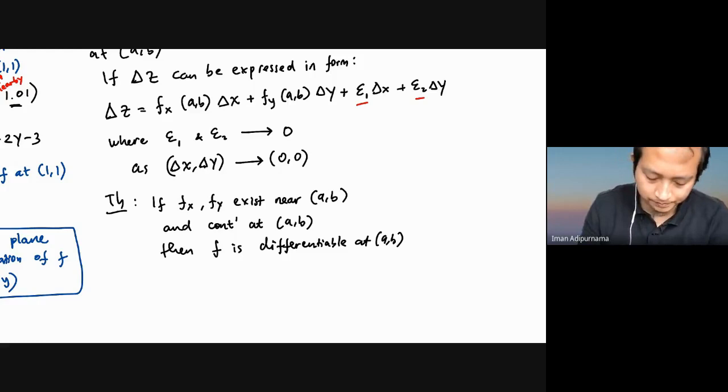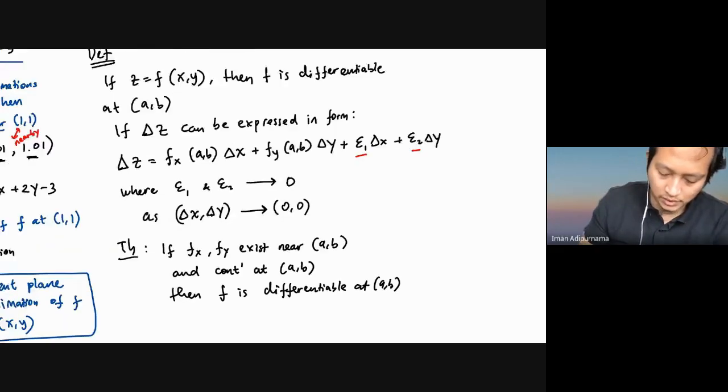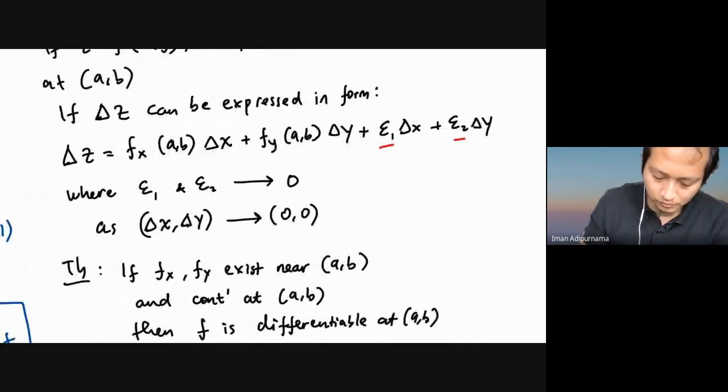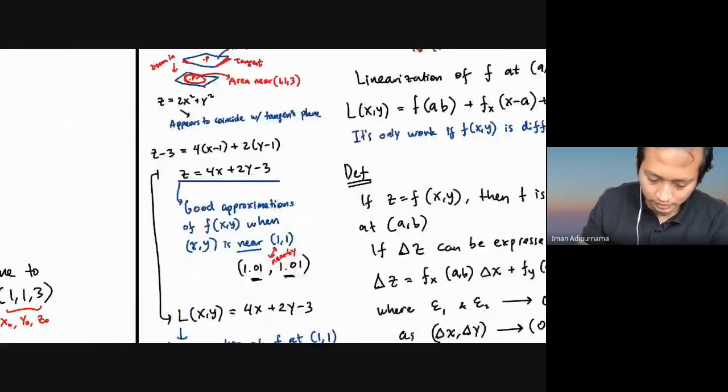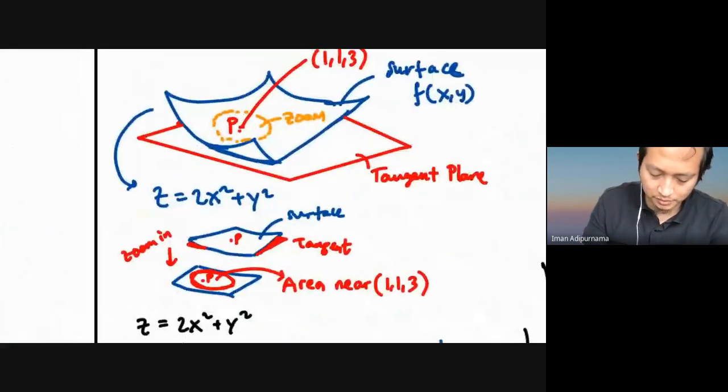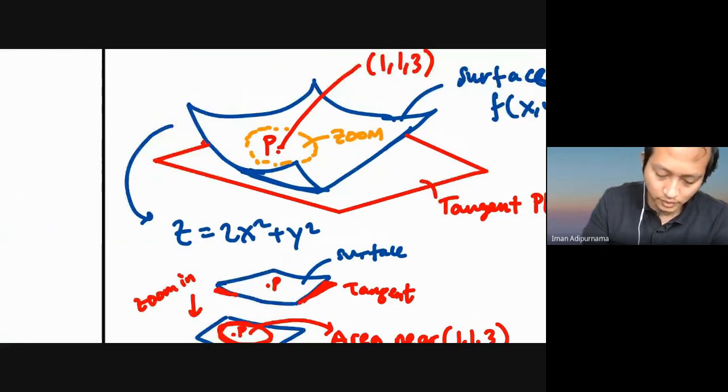It's kind of complicated, but what it really means is what the epsilon and the delta mean. You see, when you zoom in on this tangent plane and see it from this side here, it has this amount of gap, right?